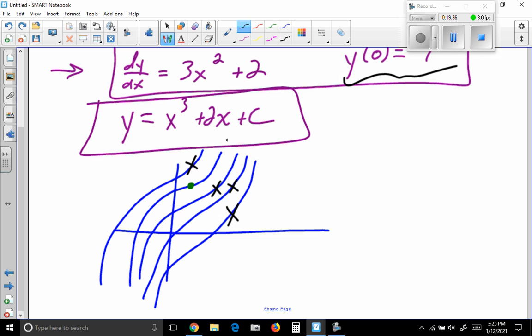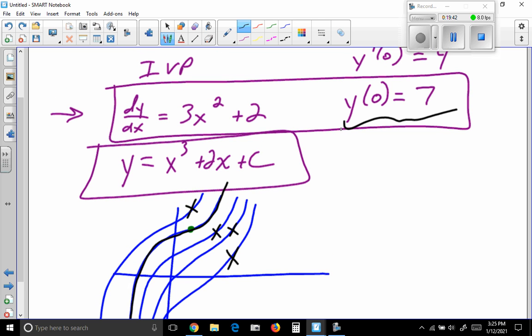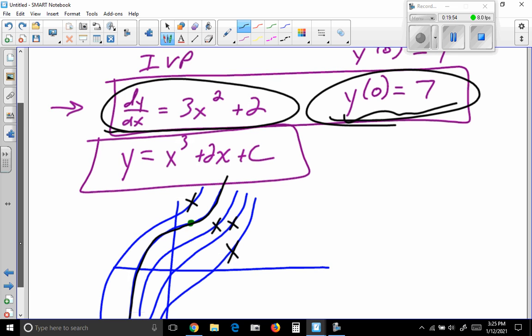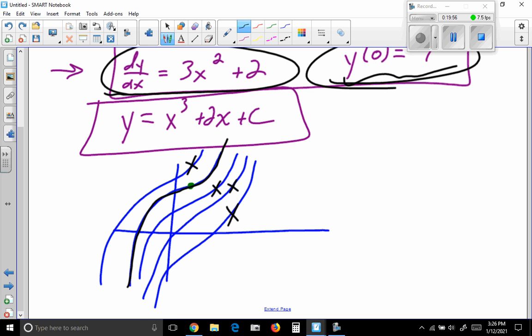So there is one unique curve that is the solution to our initial value problem, which consists of the differential equation and the initial value. Now again, this initial value and this differential equation don't necessarily pertain to this drawing, just using this as an example.